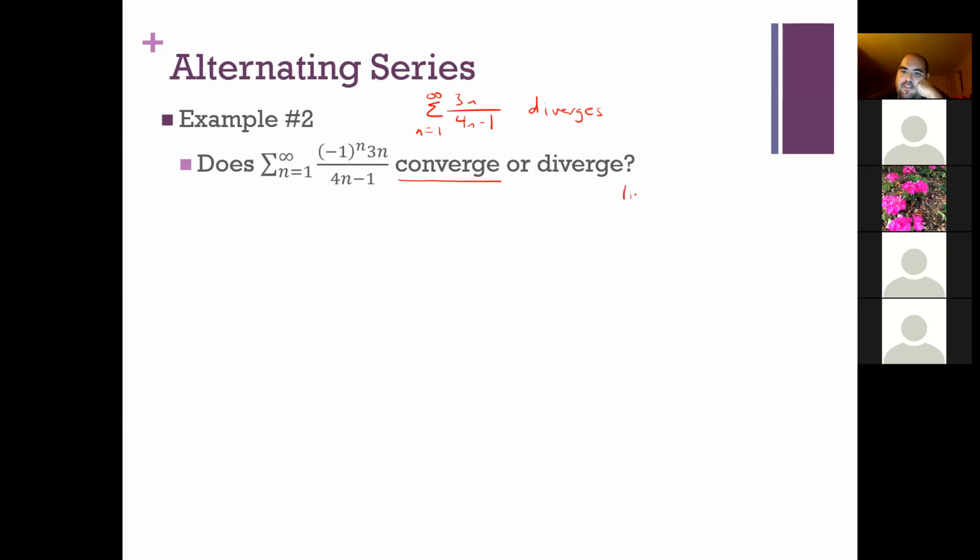Let's put it off to the side, maybe that'll be helpful for us. The limit as n approaches infinity of 3n over 4n minus 1 is equal to 3/4. Does that change our thinking about the alternating series?